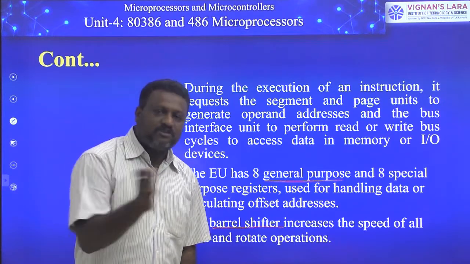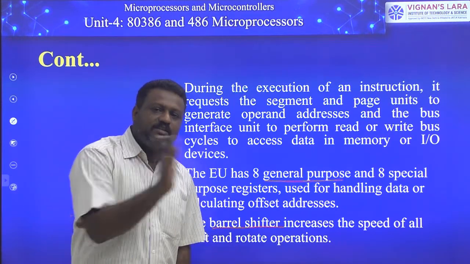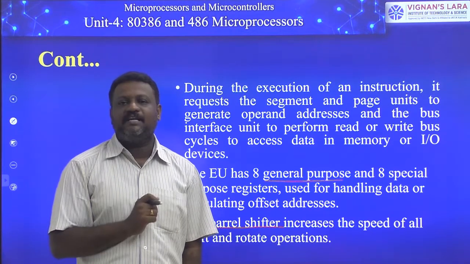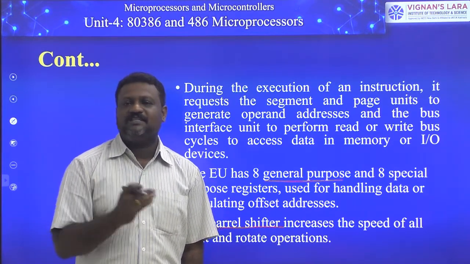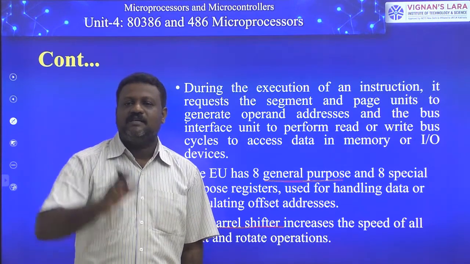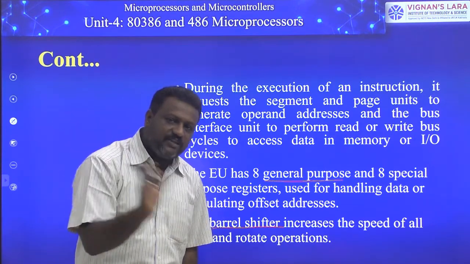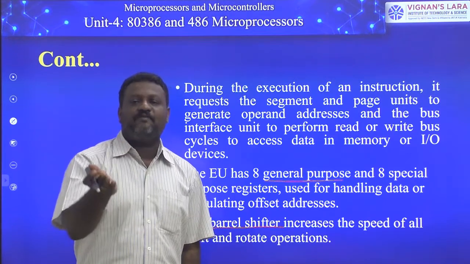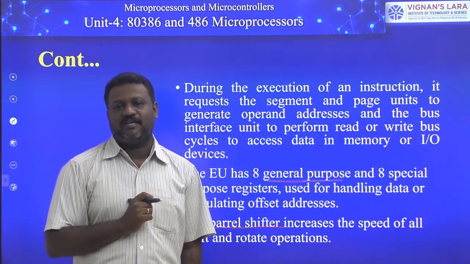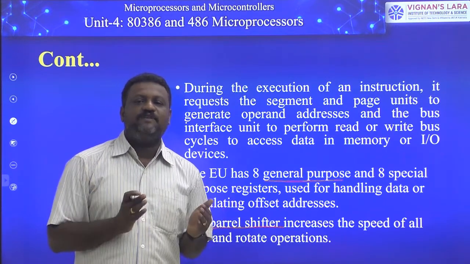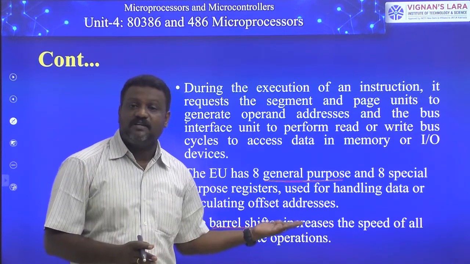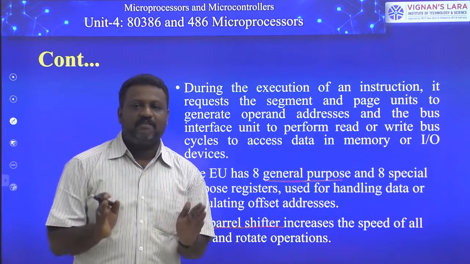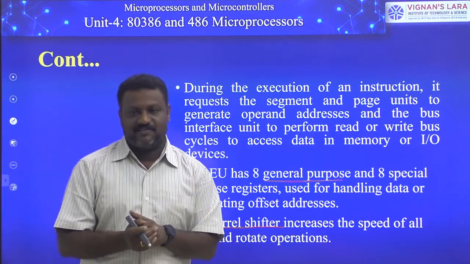If I want to do 4 shifts using a normal shifter, either to the left or right side, definitely I need 4 clock cycles. But if you come to the barrel shifter, you need not face that type of problem. Here your barrel shifter itself can shift in either direction n number of times in a single clock cycle. So I do the shift and rotation operations at a very fast rate by utilization of the barrel shifter. That happened in the case of 80386. Fine.